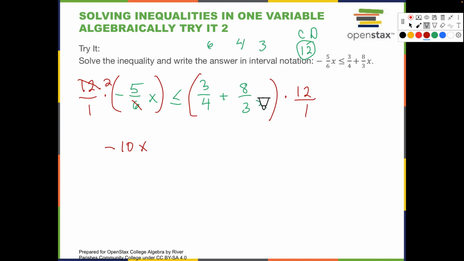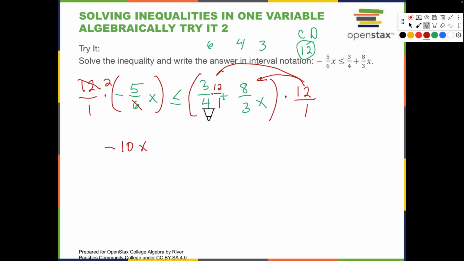Okay. Over on this side, we're going to have to distribute this 12 to both of these terms. So I'm going to write it in here. If I multiply this one by 12 over 1. Again, we were taught to multiply the tops and multiply the bottoms, but if you do the division part first, you actually save yourself some work, because otherwise 3 times 12 is what? 36, and then 4 divided by 36 is 9.